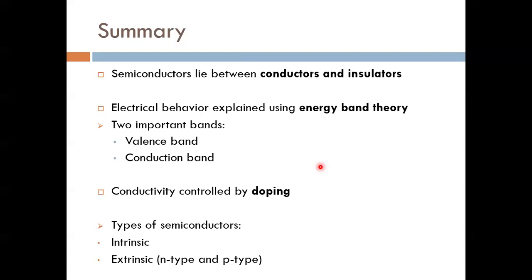Two types of semiconductors: pure or intrinsic, and extrinsic, where impurities are added, which results in two types, N and P type. And we know in N type, electrons are majority carriers and holes are minority carriers. In P type, holes are majority carriers and electrons are minority carriers.